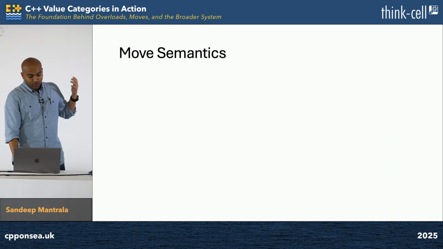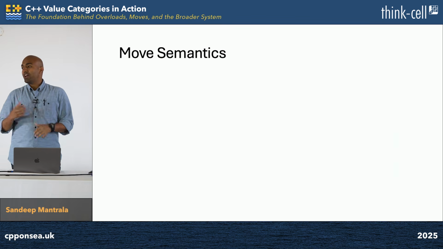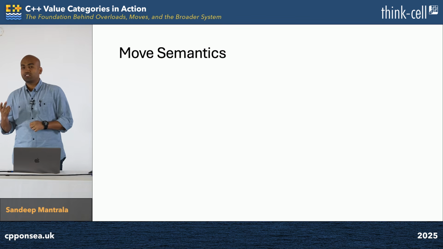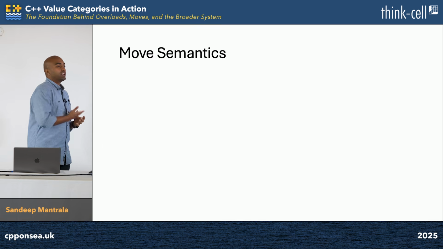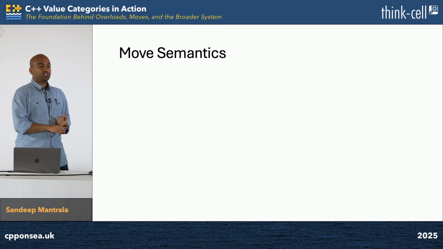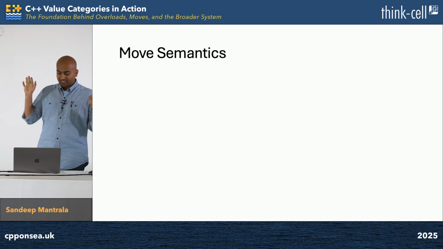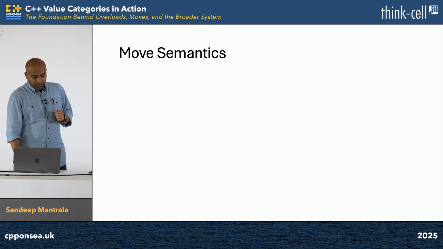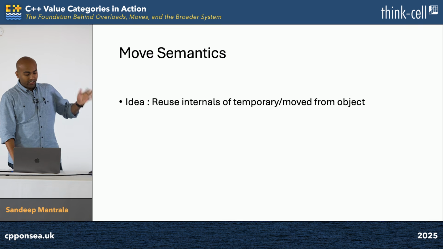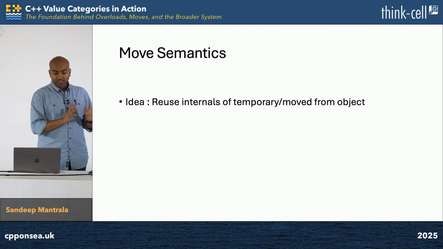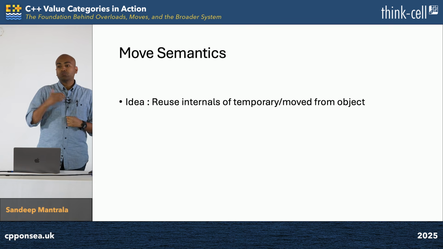That brings us to move semantics. Now we have two additional tools in C++11 that we did not have in C++03: one is X values and the other is T&&. So what is the idea? It is to reuse the internals of the temporary or the moved-from object.